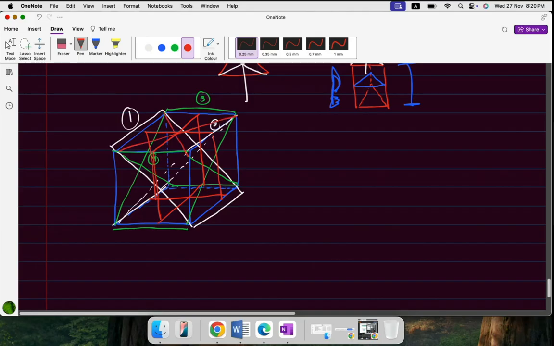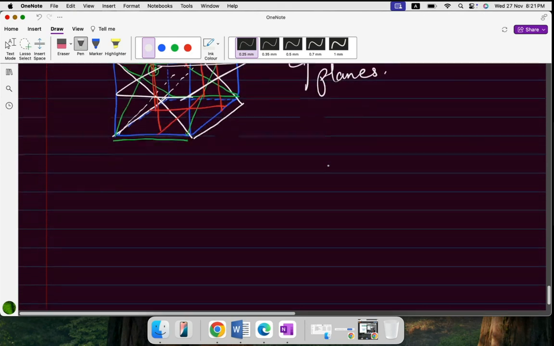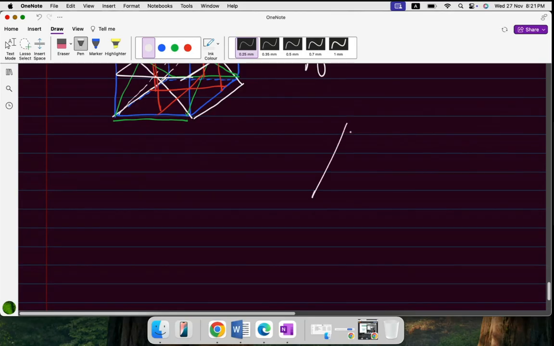Are you with me till the 8th count? Yes, sir. And the last, ninth, is horizontal. So we have 9 planes. Similarly, if an examiner would ever ask you about axis of rotation, we have 13 of them.